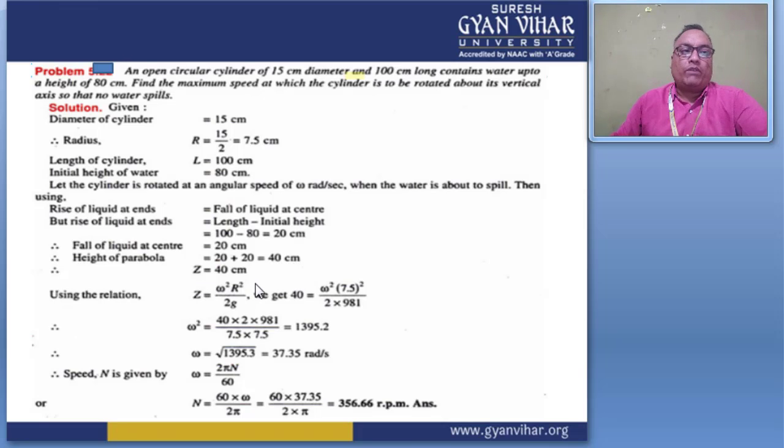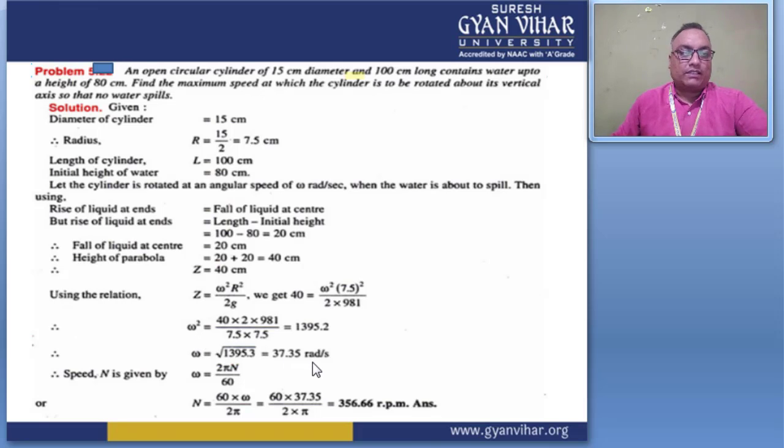Using the relation Z equals omega square R square divided by 2g, we get 40 equals omega square times 7.5 square divided by 2 into 9.81, and this gives omega equal to 37.35 radian per second.